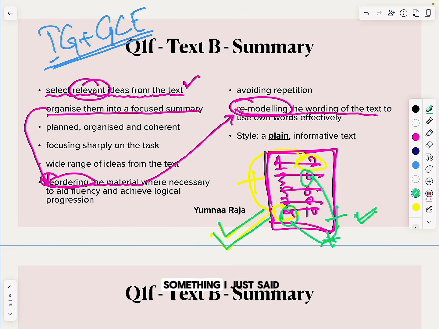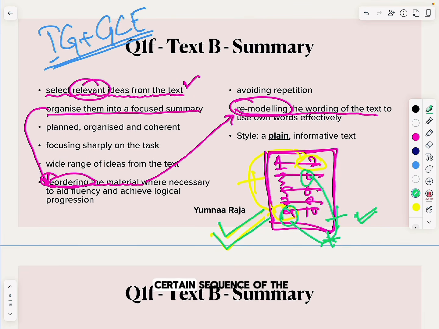In fact, examiners recommend something that I just said a couple of seconds ago. They recommend that you merge and reorder the points in the text, which means, am I allowed to change the order of the points in the text? Absolutely yes. In fact, that is a recommendation from the examiners. So what have we learned so far?